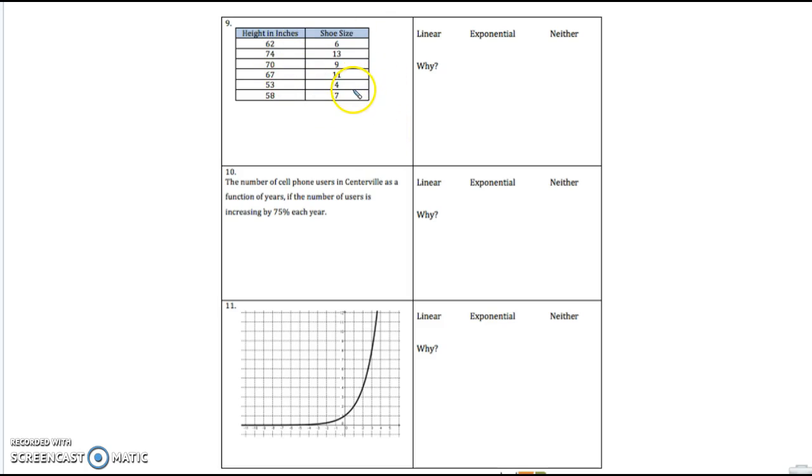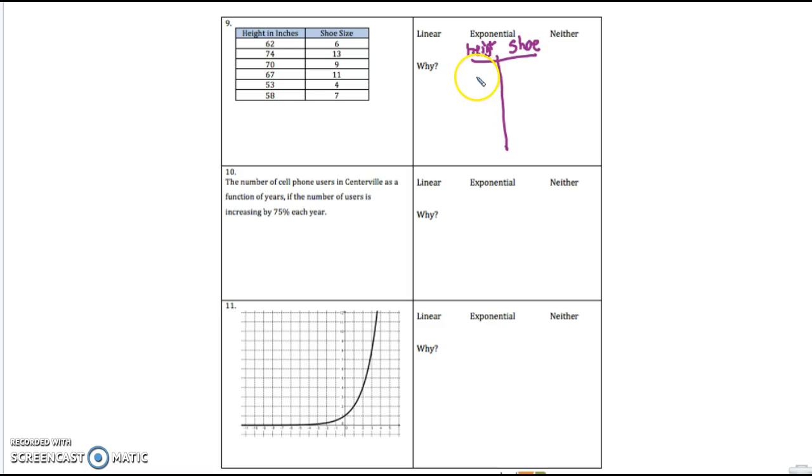Here, none of this is in order. 62, 74, 70, 67, 53, 58. Even if you put them in order, that's what I would want. Height, shoe size.